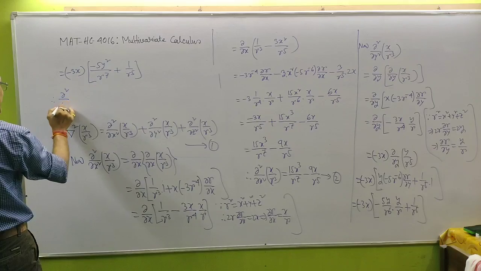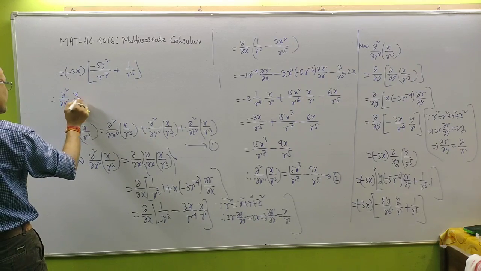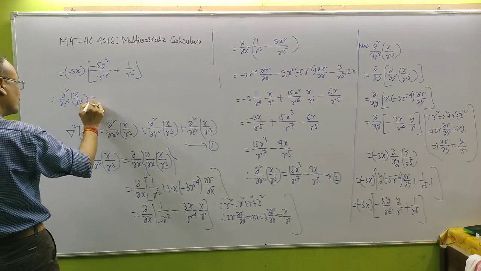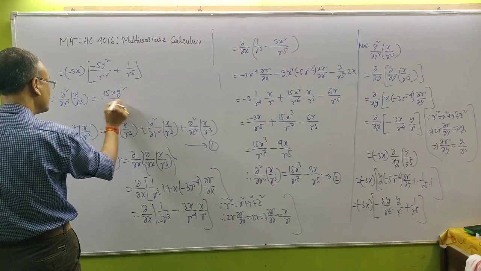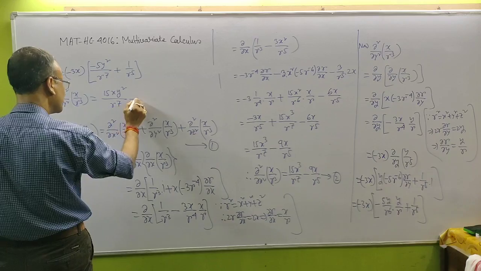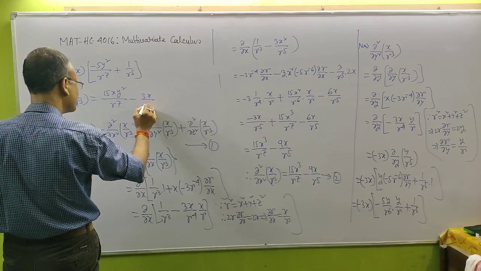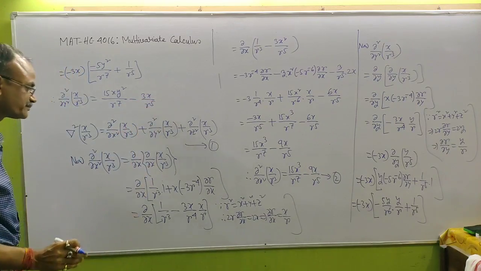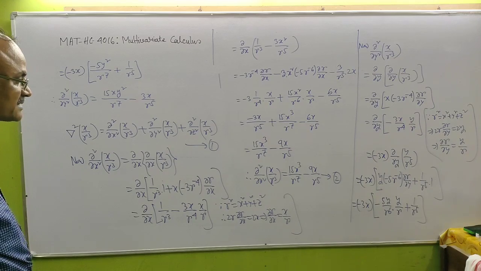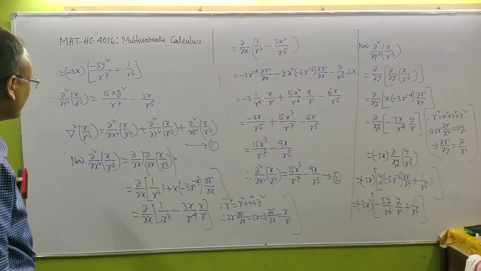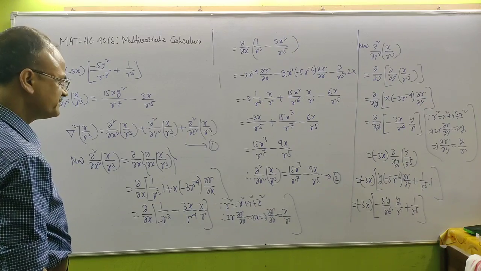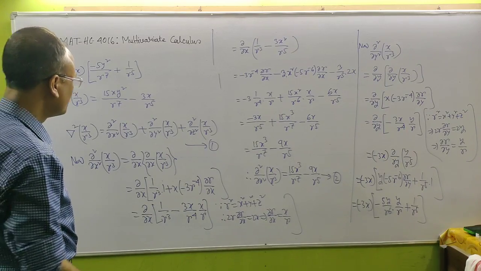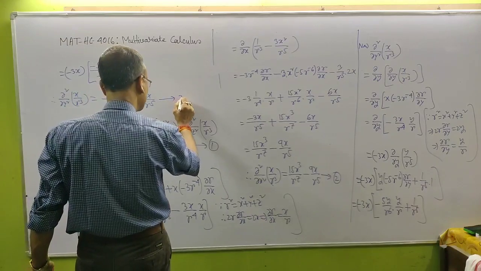Therefore, del square by del y square of x by r cube will be equal to 15x y square by r to the power 7 minus 3x by r to the power 5. You will get this. Suppose this is number 3.